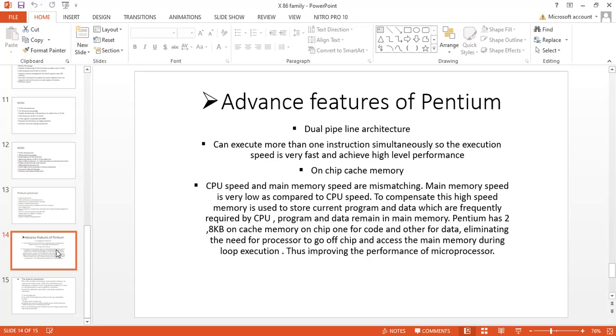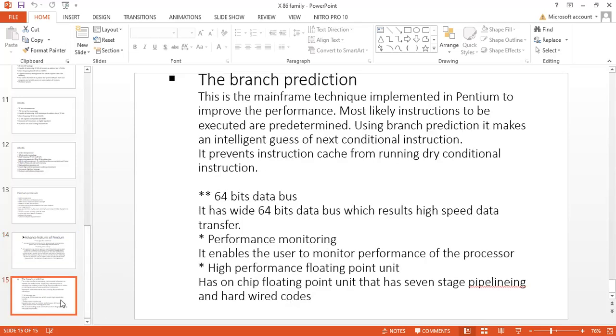Okay. So in this case, the instructions which are required again and again will be taken from this faster memory, eliminating the need for the processor to go off the chip and access the main memory, especially in loop instructions.